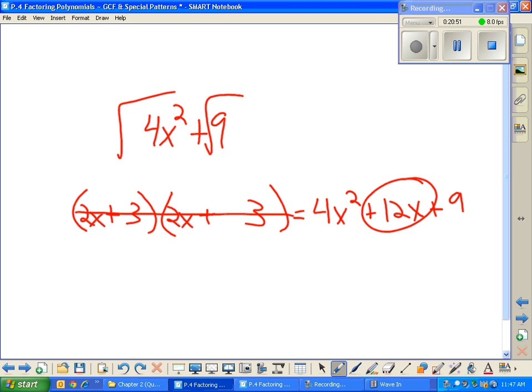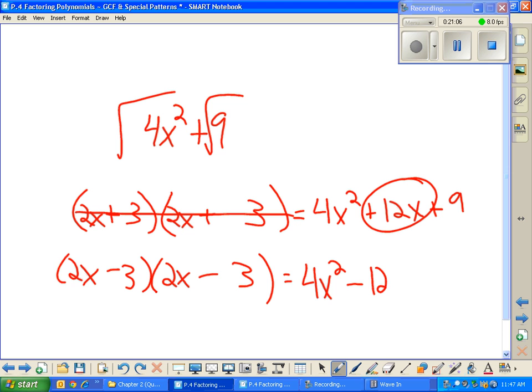We could try to square root method it again and put minus signs in there. But if we FOIL that, what you end up getting is 4x squared for your firsts, minus 12x when you put together your outers and your inners, and then plus 9 at the very end.